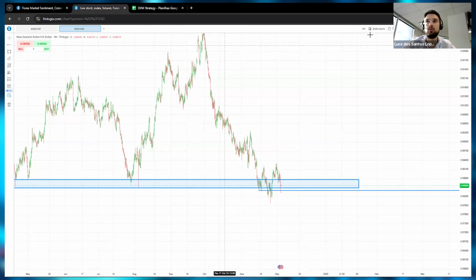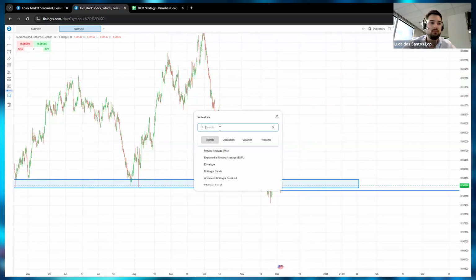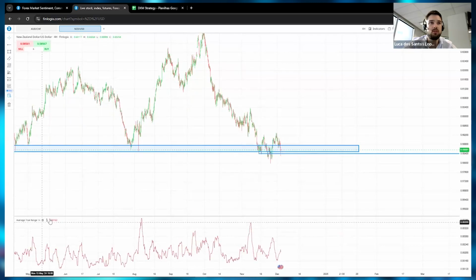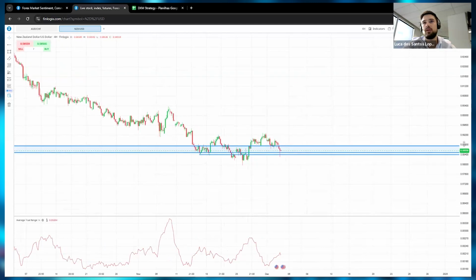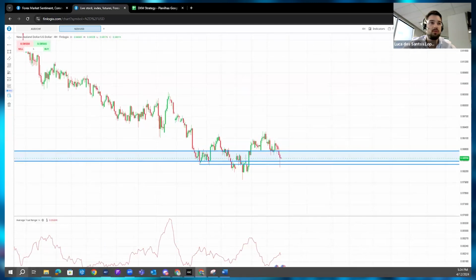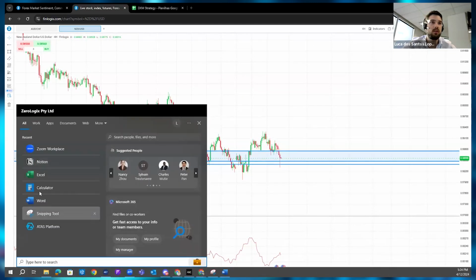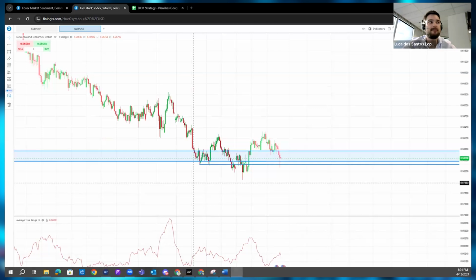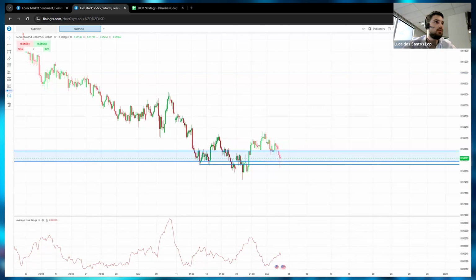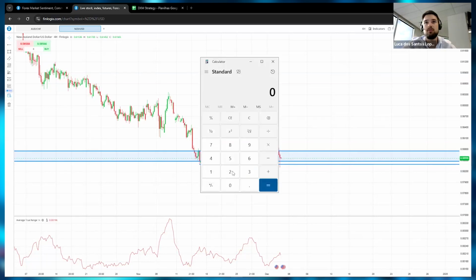Let's have a look at what the ATR is saying. Average range. So right now we have 204. Okay, so let's do calculator. So let's do 204 times 6.